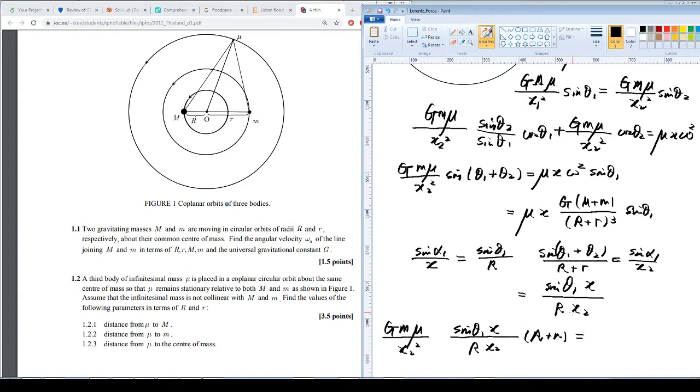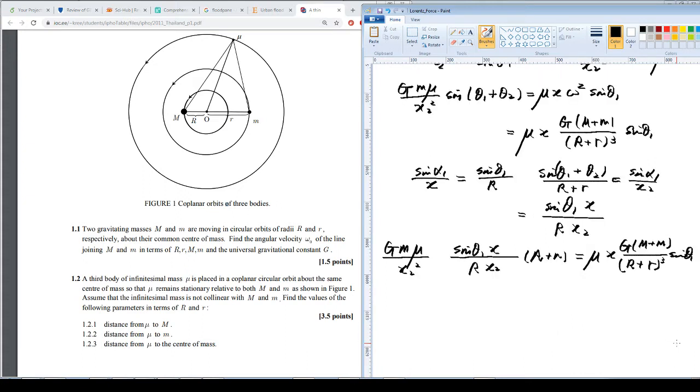So now I'm plugging everything back into the dynamics equation. We can cancel a bunch of stuff.